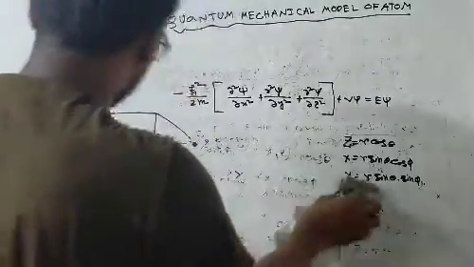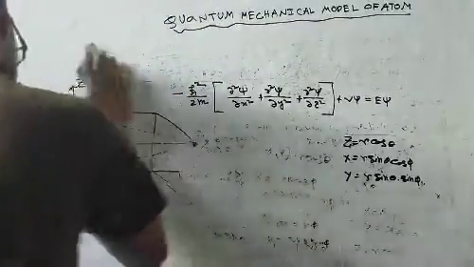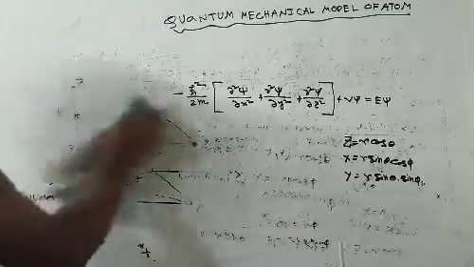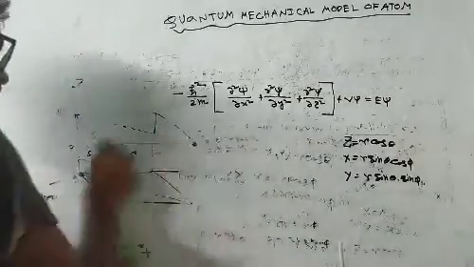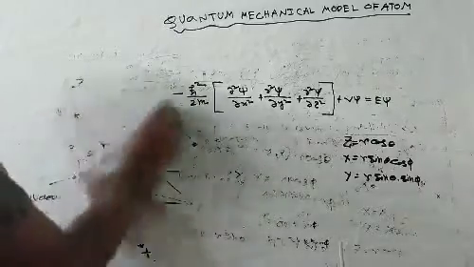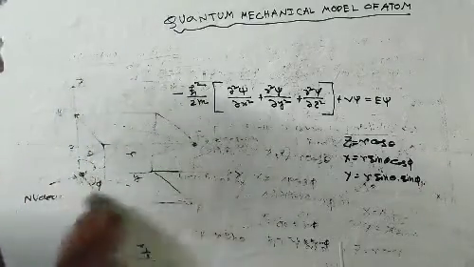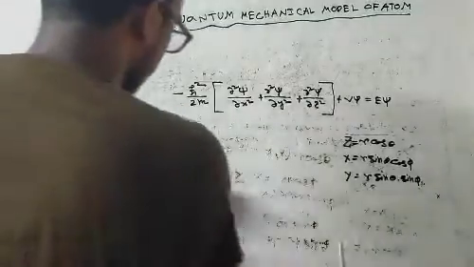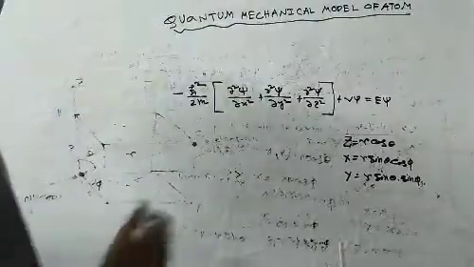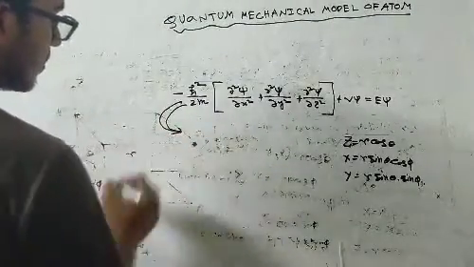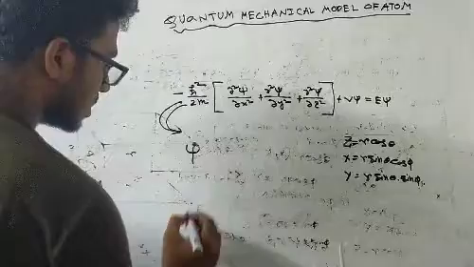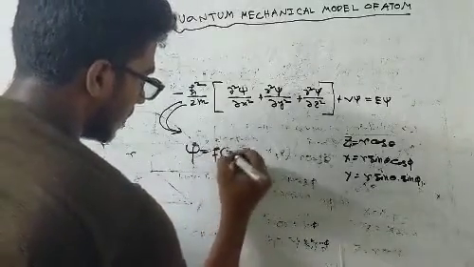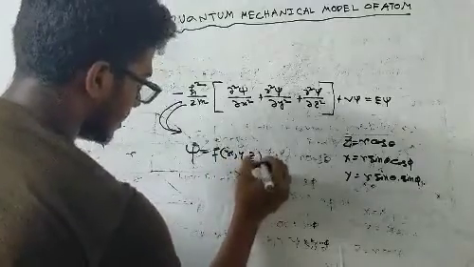From the solution of these equations, we are getting psi. Now we will put these values on psi. If I solve this equation, what should I get? I should get the wave function, and my wave function equals a function of x, y, and z.